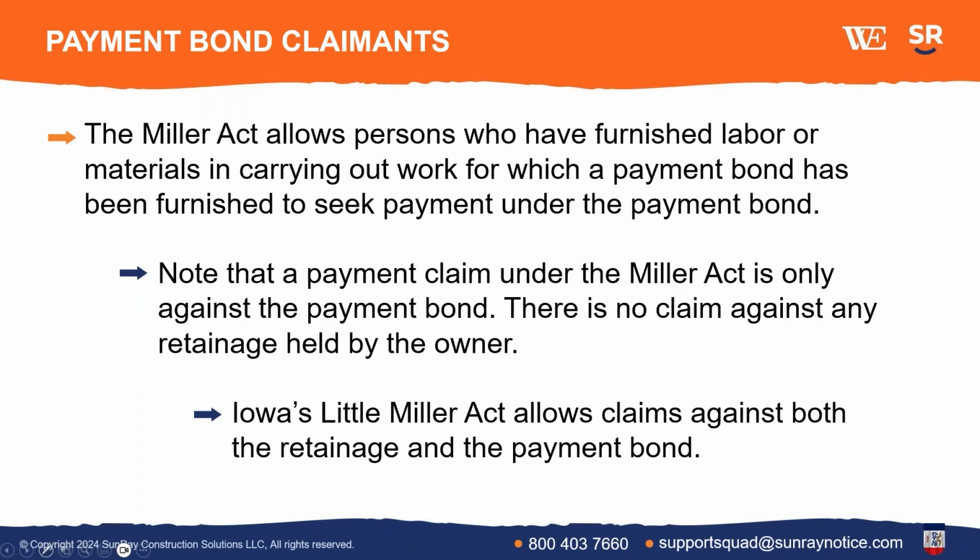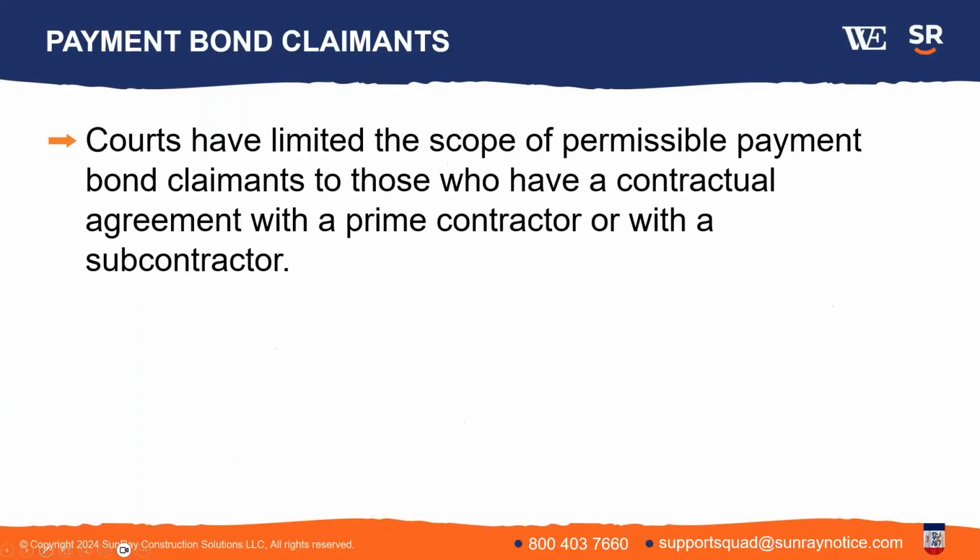Now, note that the claim under a Miller Act is only against the payment bond. There's no claim against any retainage held by the owner, and that is different than the Iowa Little Miller Act, which allows the owner to hold retainage from the prime contractor, and then the claimants can assert a claim both against that retainage and the payment bond. So that's one difference with the Federal Miller Act. Next slide.